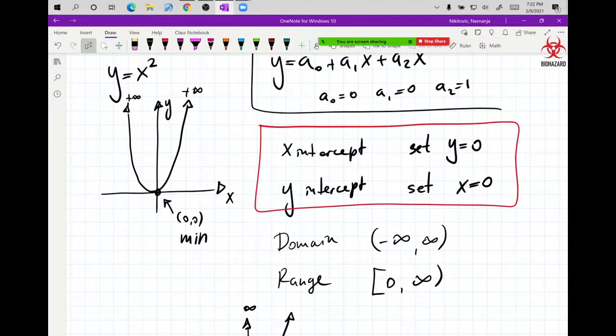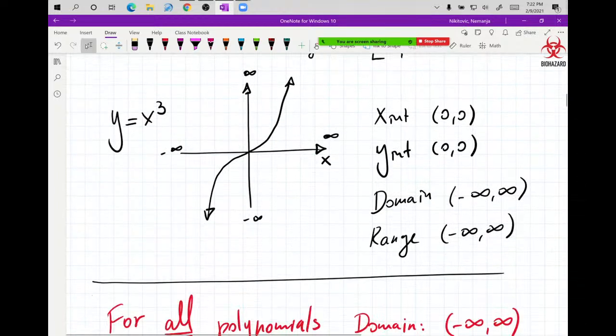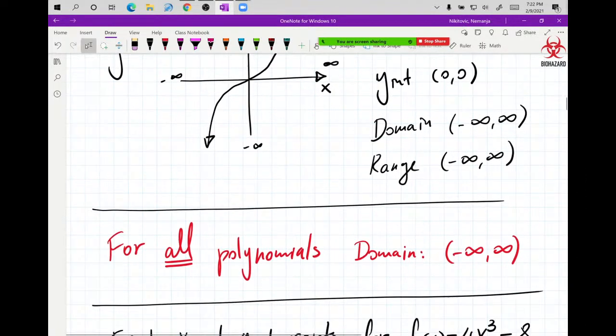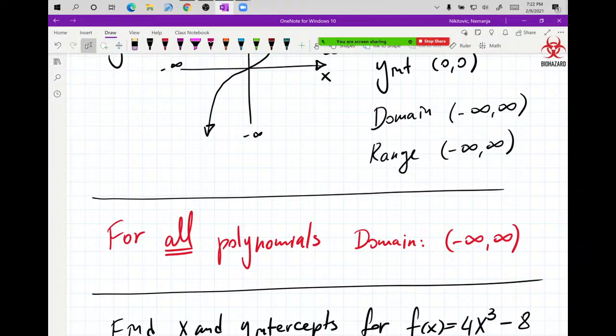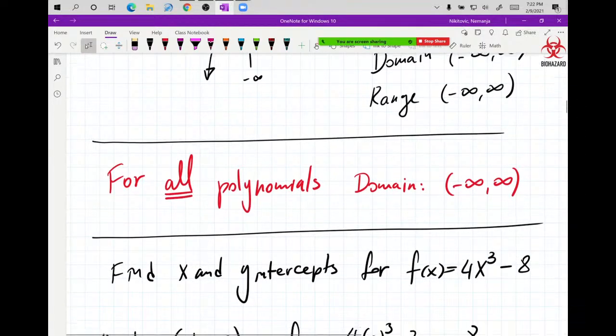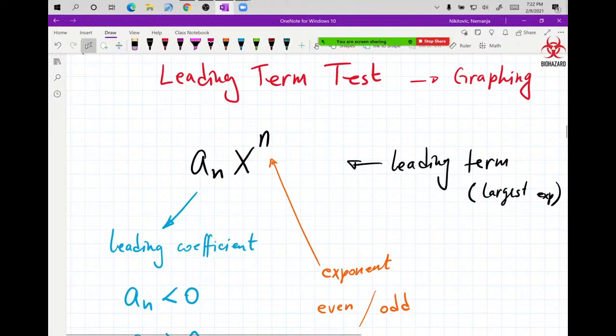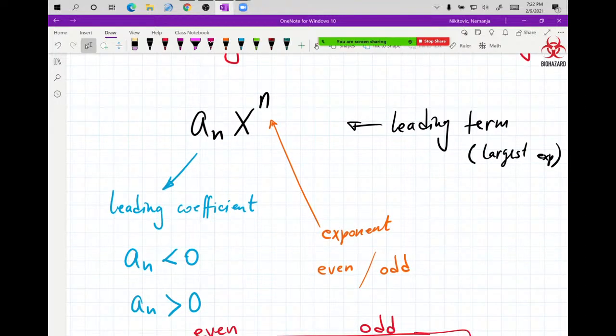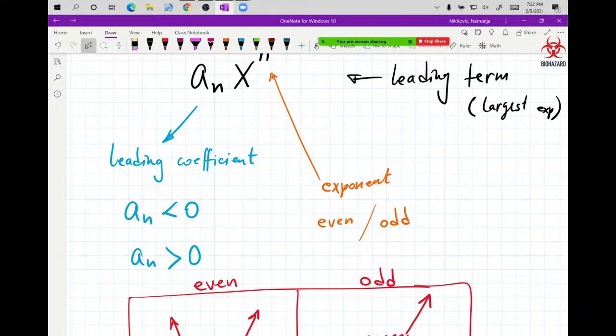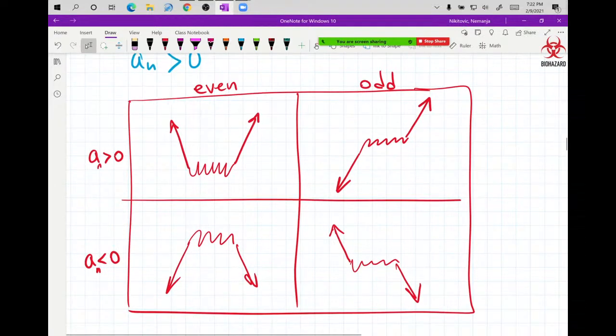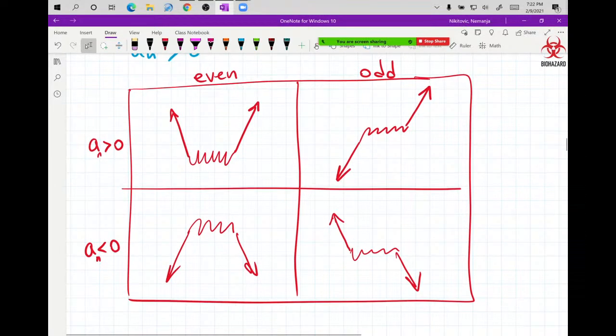Then you have your x and y intercepts that you can compute, where the x-intercept is actually your roots, which we were looking for by factoring and all that. Domain is all real numbers. And the leading term test, where the exponent gives us even or odd, and the leading coefficient gives us this less than or larger than, which gives us this.